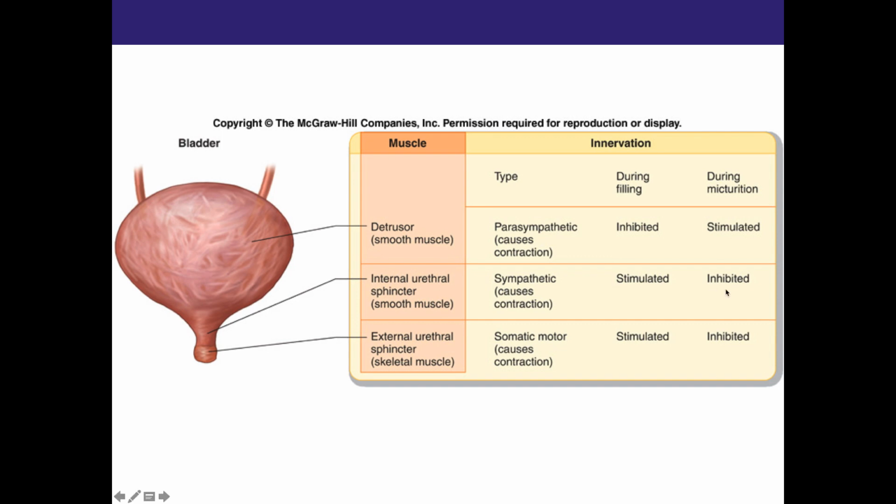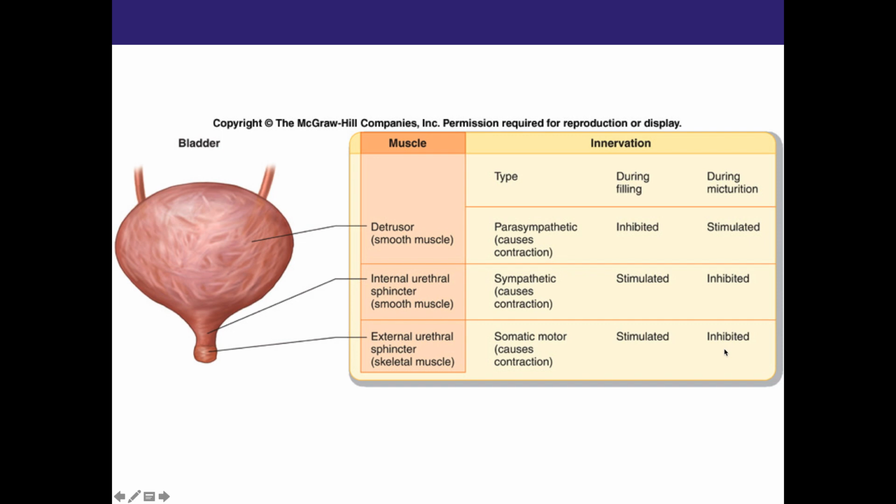Nothing should happen until you actually control the external urethral sphincter. These are under skeletal muscle control. You're controlling this. You learned this when you were 2 years old, right? You learned how to control this. It's stimulated during filling, but you've learned to inhibit them to relax when you urinate.